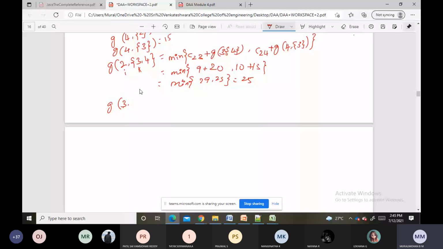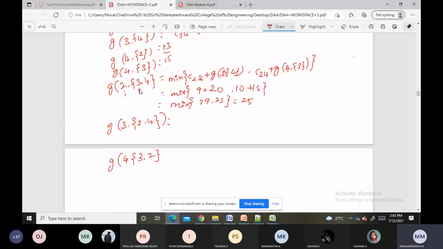What are the remaining vertices we are having? 2 comma 4. So this is one, you should calculate and tell me. And again, similarly, if you are going with 4, remaining vertices are 3 comma 2 or 2 comma 3. So calculate and tell me the answer.